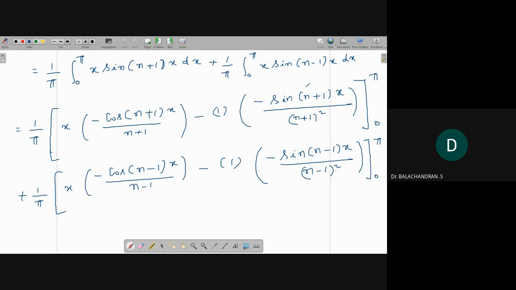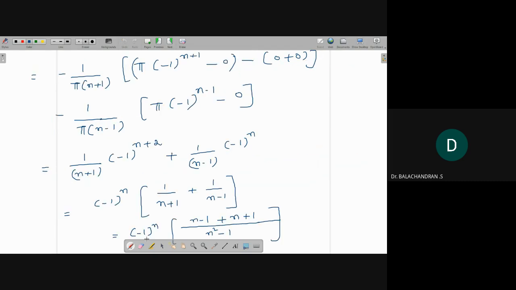It is better to write this is 0, because sine of (n plus 1) pi is 0 and sine 0 is 0. Similarly, this is 0 because sine of (n minus 1) pi and sine 0 are 0. So there is no need to write this one.